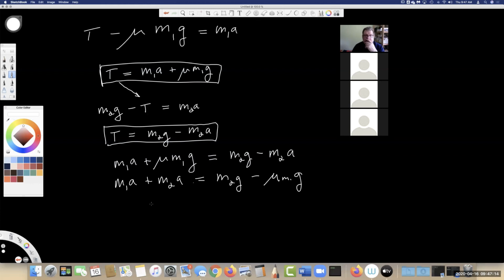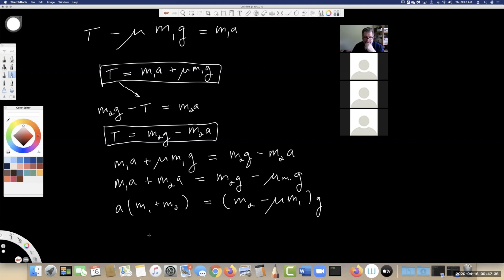I want to get the acceleration here on the left-hand side, so I'll factor out the acceleration so that a times m1 plus m2 is equal to, here I'll factor out the g just for fun, m2 minus mu m1 times g.